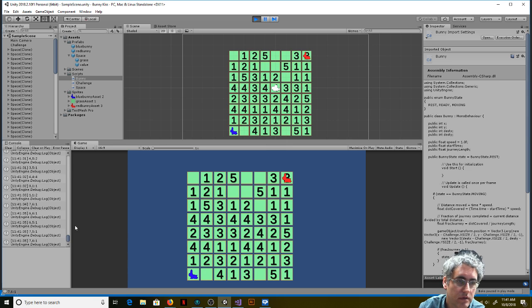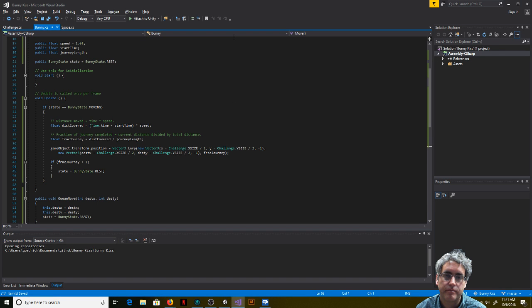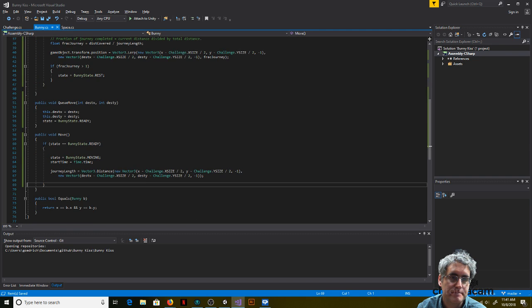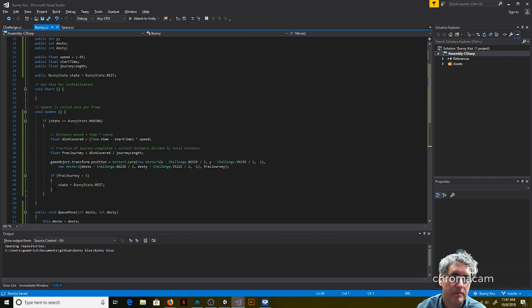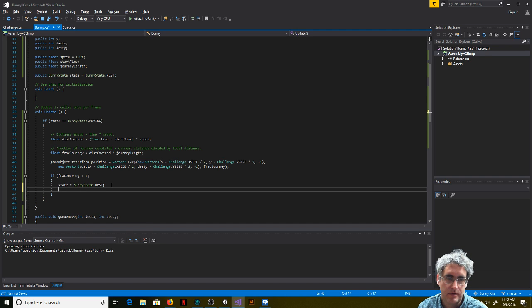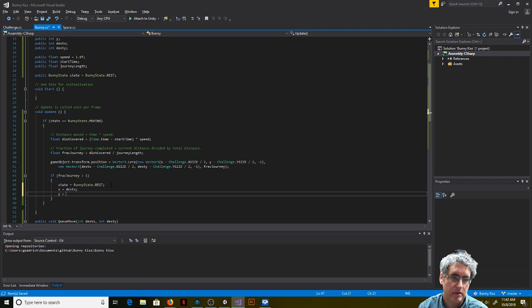Should be able to move stuff. Oh, well, never mind. Then we're going to say x equals destination x and y equals destination y. Maybe that will reset some things for us.